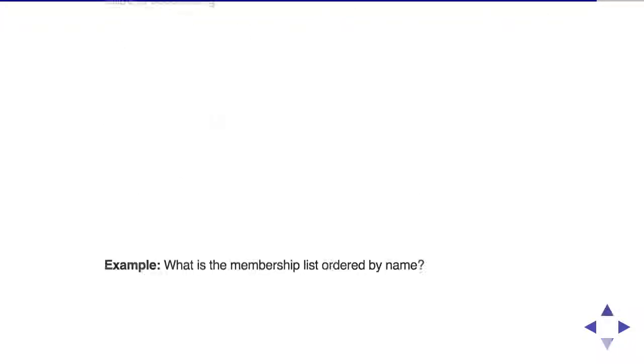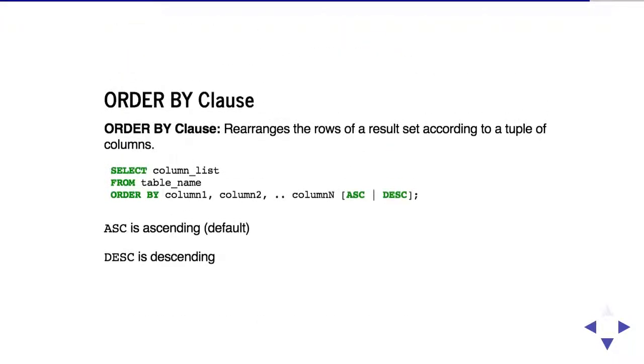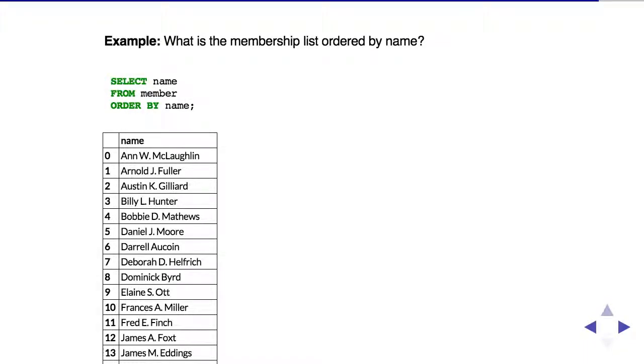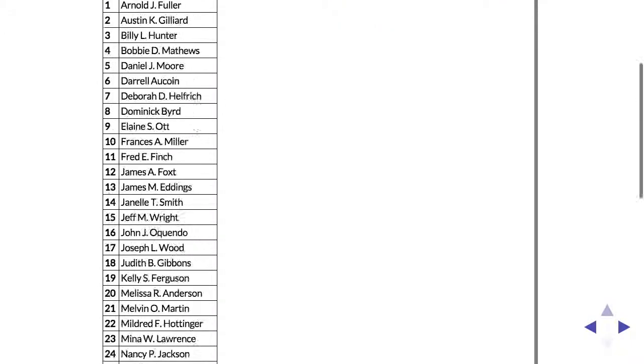As it shows there, the square brackets mean that's optional, and it could be either ascending or descending. So what's the membership list ordered by name? If we select name from member and order by name, we would get this query right here.